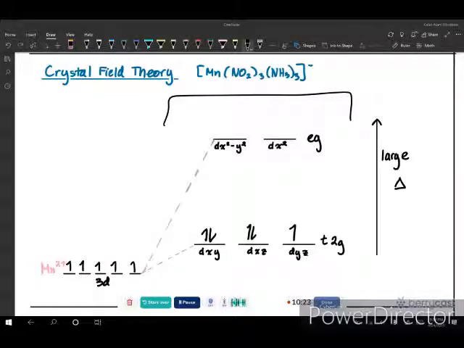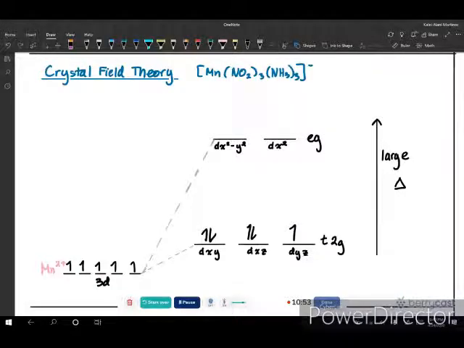And because we have an odd number of electrons, 5 electrons, that creates a paramagnetic spin.